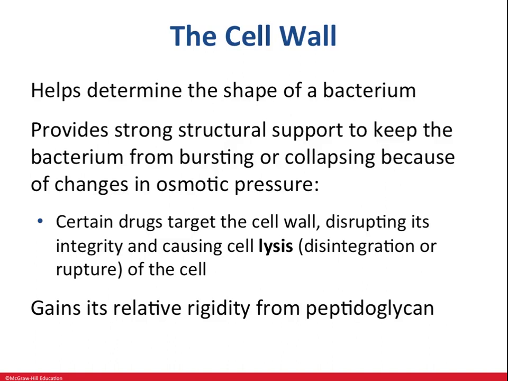Because normally the bacteria live in a hypotonic environment, such as fresh water. Since the osmotic pressure inside of the cell is very high, that attracts more fresh water into the cell. As more and more water gets in, the bacteria will get bigger and bigger and eventually rupture.